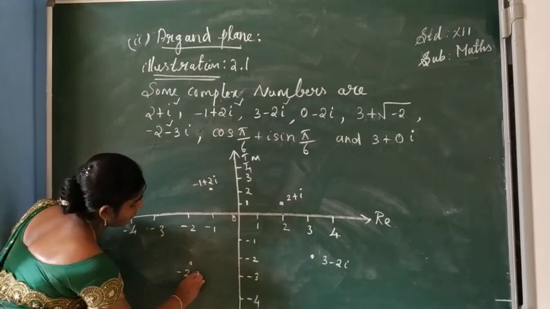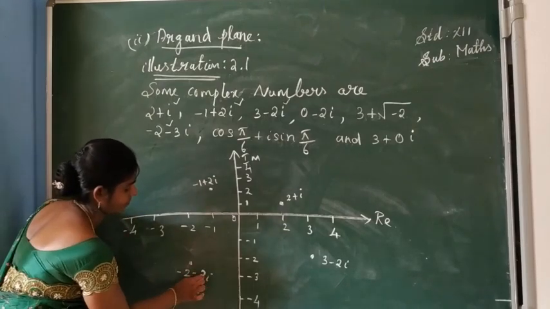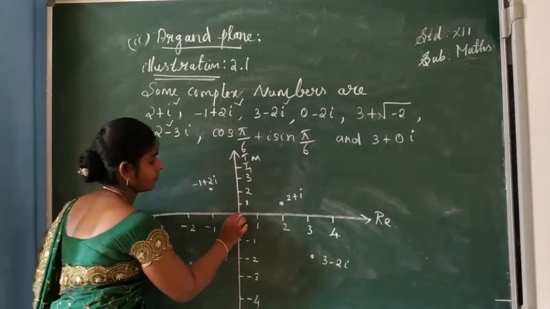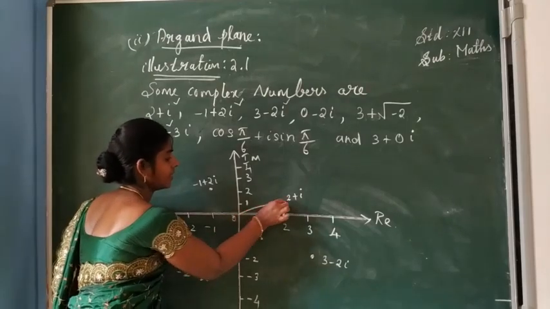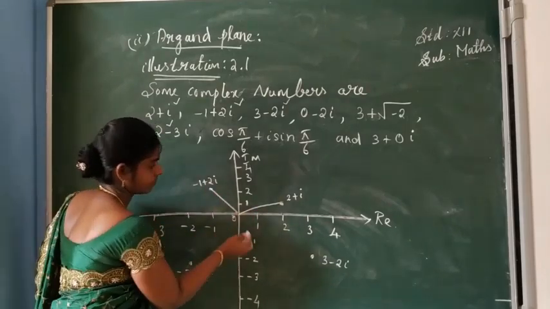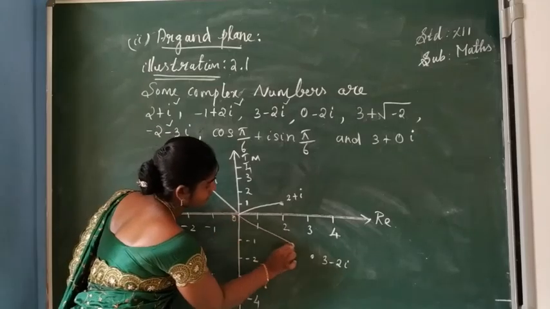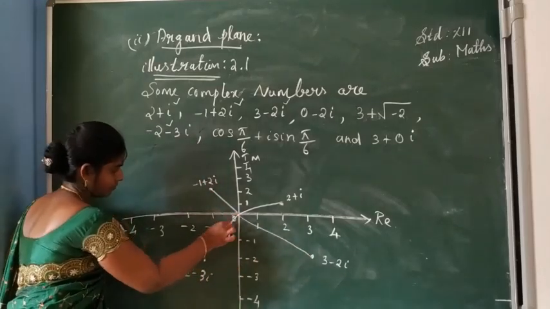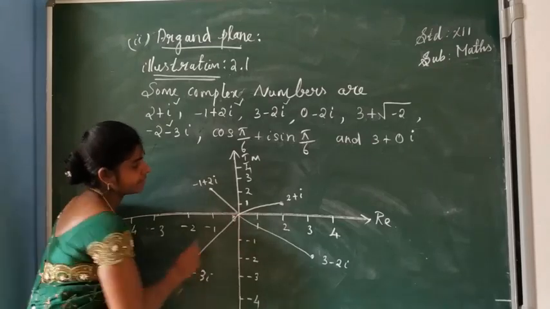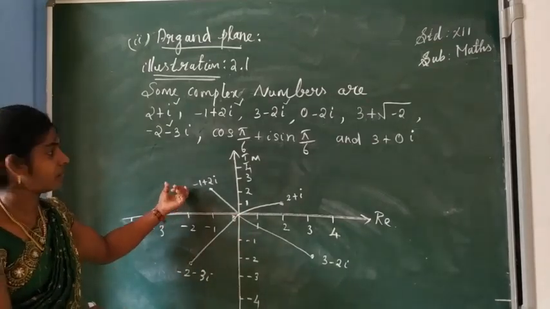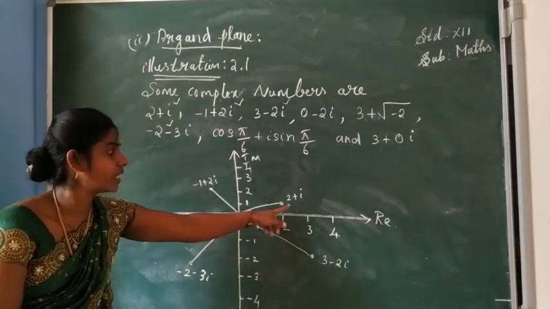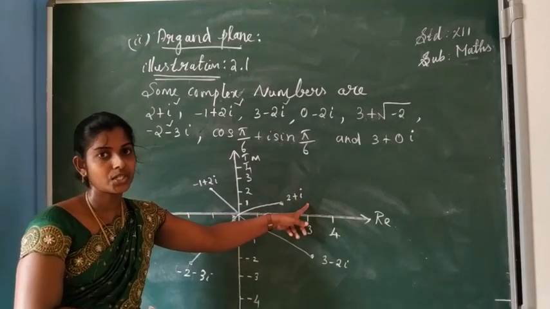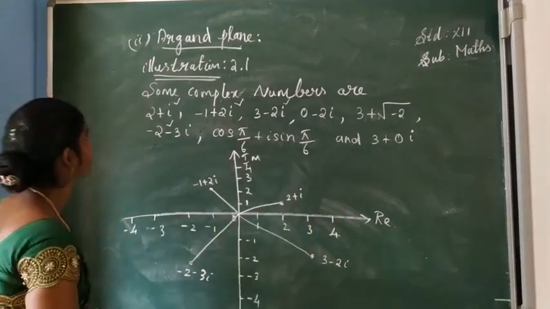So minus 2 minus 3i. We can draw the line. So this is the Argand plane. The first value is the real part value and the second value is the imaginary part value.